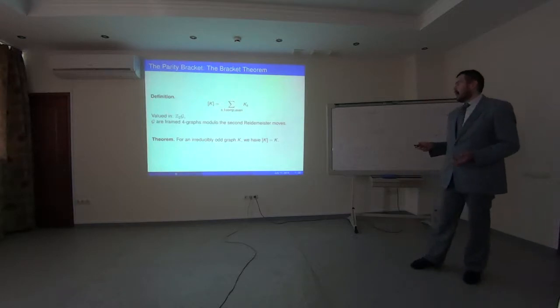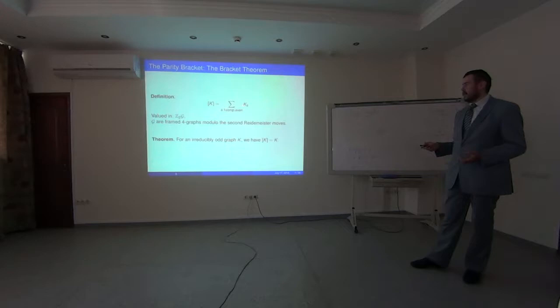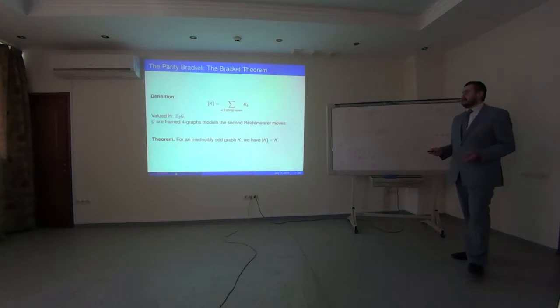And I take all those diagrams which I obtain after smoothing, and I call them K_S, where S is the state. The resulting object will be valued in Z2 linear combinations of graphs modulo second Reidemeister moves only.